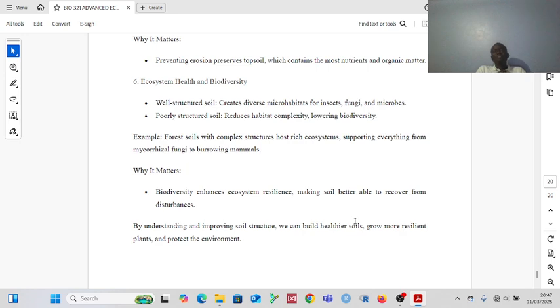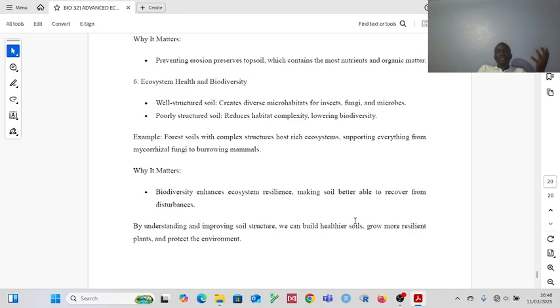Okay? But when the soil is poorly structured, whatever can be supported on poorly structured soil is very limited. Ile unaweza pata kwa mfano inamea on sandy soil ni kidogo compared to what you can find present in an ecosystem that has loamy soil.